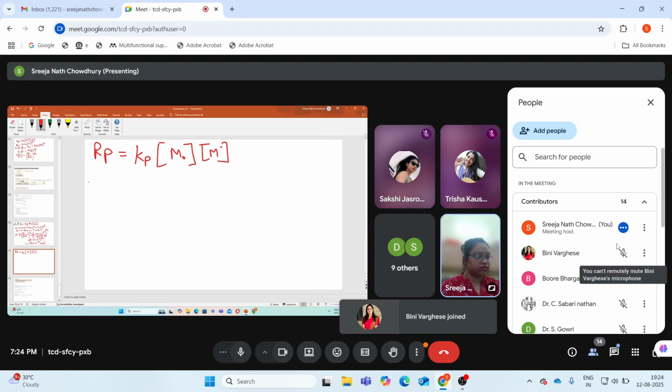In thermal initiation, when the extent of reaction is P infinity, what will be the scenario with the monomer concentration, radical concentration, initiator concentration, like that. So I am sharing this with you.